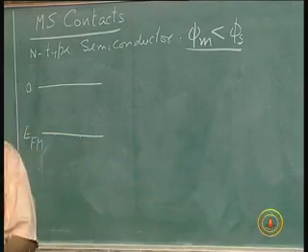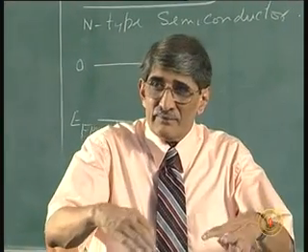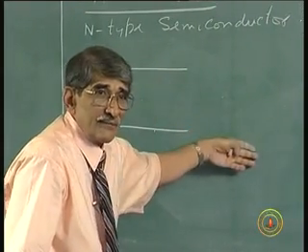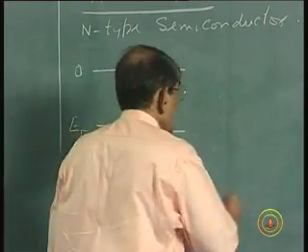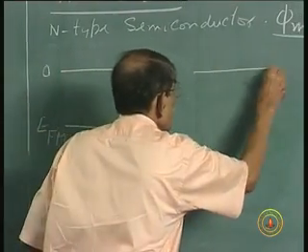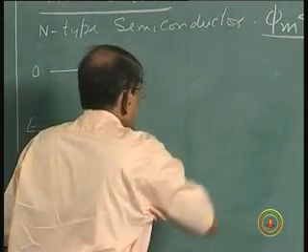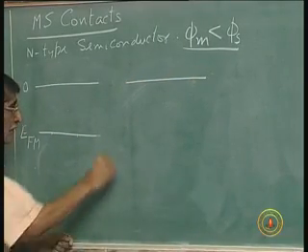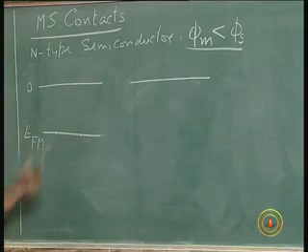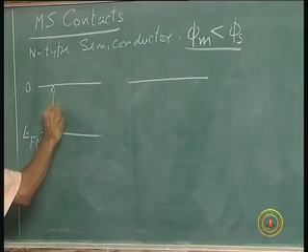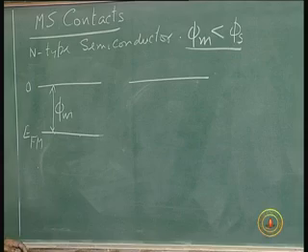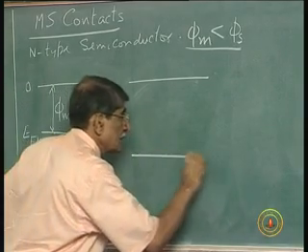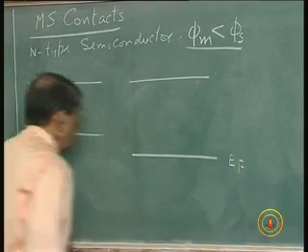Okay. This is an extreme case of phi m minus phi s becoming less and less, ultimately phi m is less than phi s itself. So, where will the Fermi level be in the semiconductor? That is 0 level, no contact. Before contact is made, 0 level, phi s is larger than phi m. That means Fermi level there is much below. So, somewhere here, let me put it somewhere here, E f, and it is n type material.